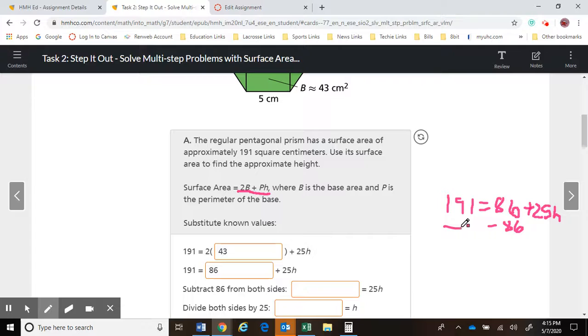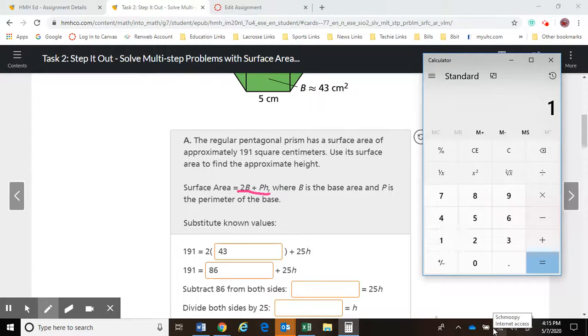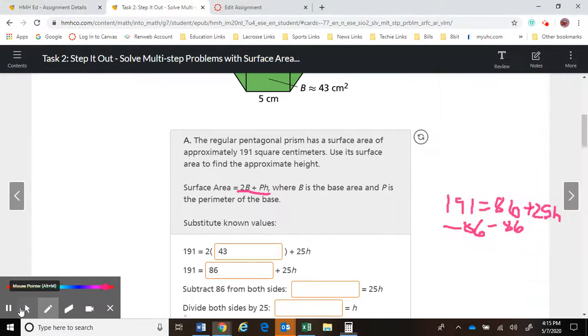So that's like saying 191 minus 86, not 83, 86. And I get 105. So I have 105 equals 25h.